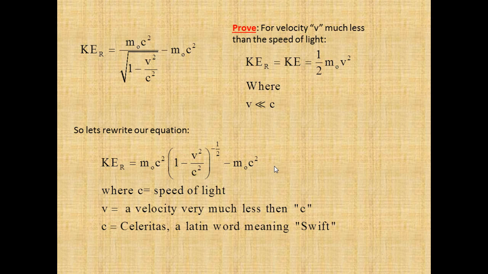Well, we call velocity v, but why do we call the speed of light c? Well, we call it c because it's equal to celeritas, a Latin word meaning swift. Okay, so that's why the speed of light is called c, because it comes from the first letter of the Latin word, and it means swift.